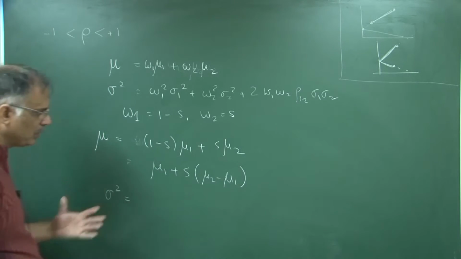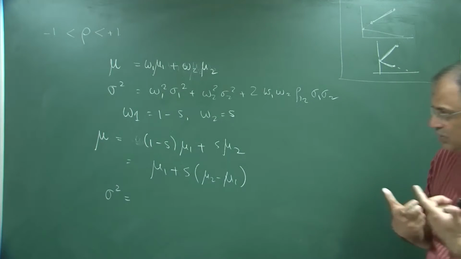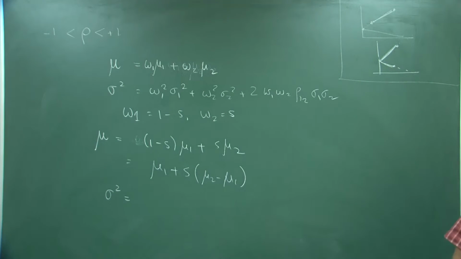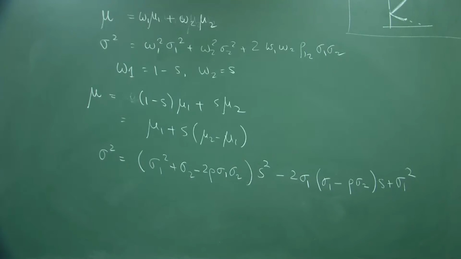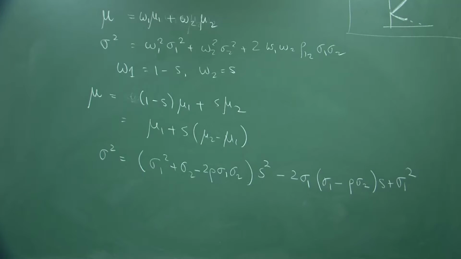And here is something we really need to worry about, the nature of the curve, the mu sigma curve. So, sigma square in this case would be the following. Here is the sigma square, I just stopped the camera and wrote down this bigger expression. So, this is the sigma square expression.